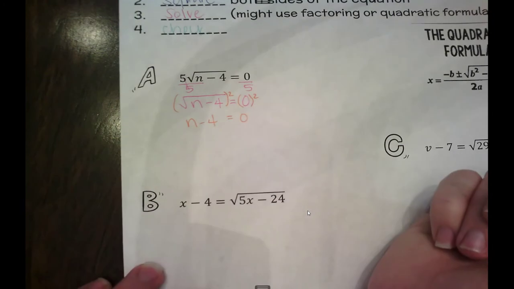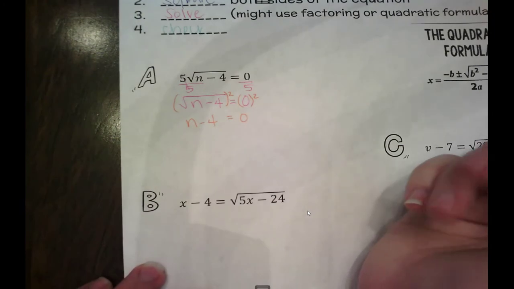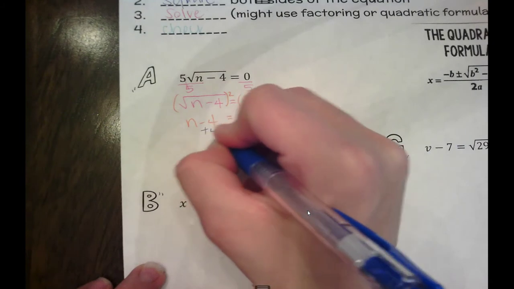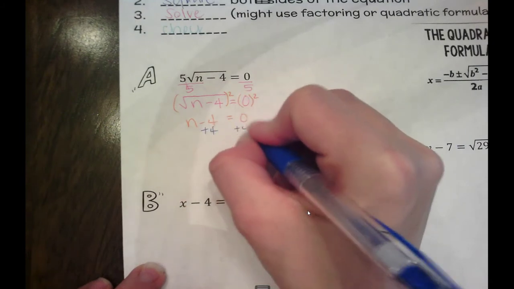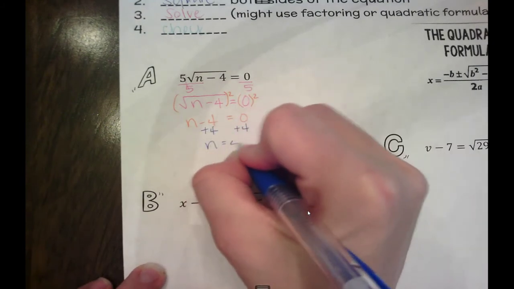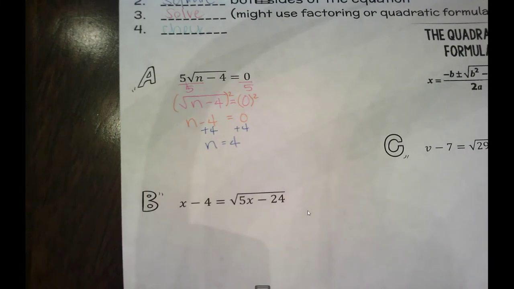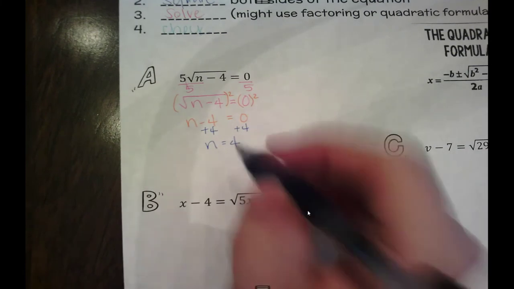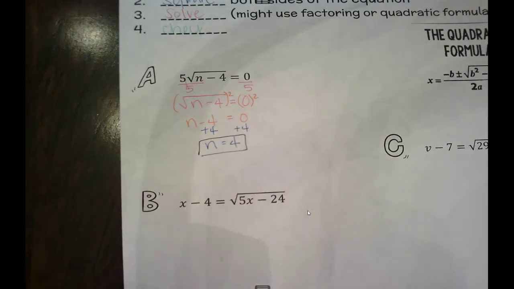So right now we're subtracting 4, so we're going to add 4. So n equals 4. So for that one, that's it. That's all we had to do. Okay, let's look at a more complicated example.